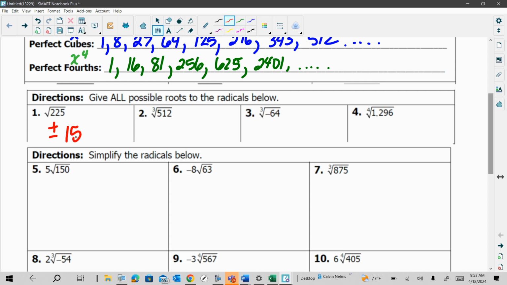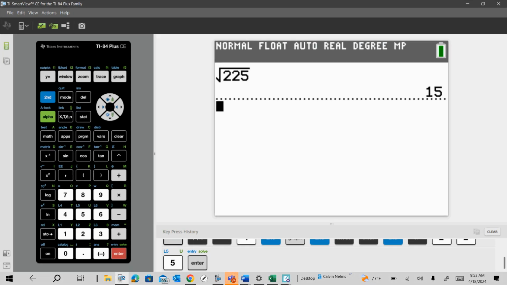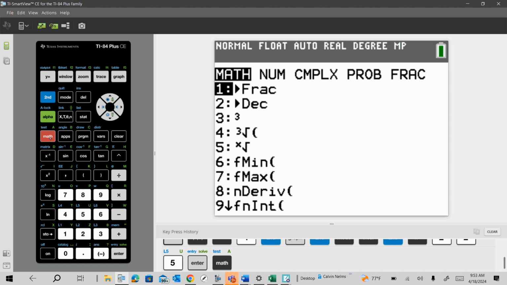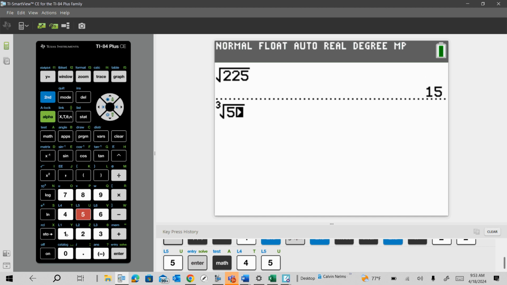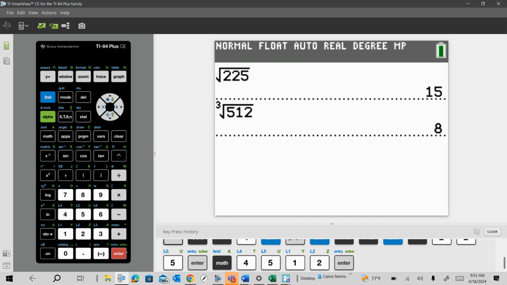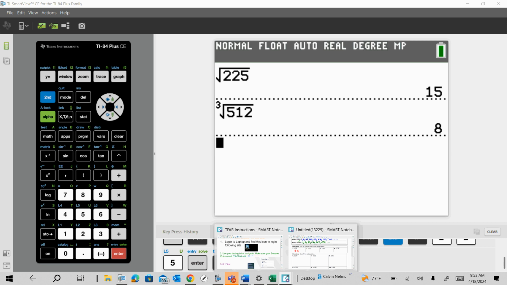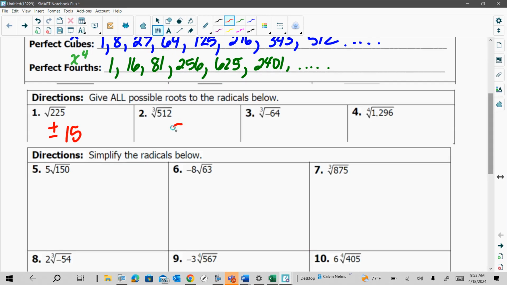Okay, so to do the cube root of 512, this is when we have to hit math, and then we can pick number 4 to do a cube root, and we get just 8. So if it's odd, you do have to pay attention to your signs.